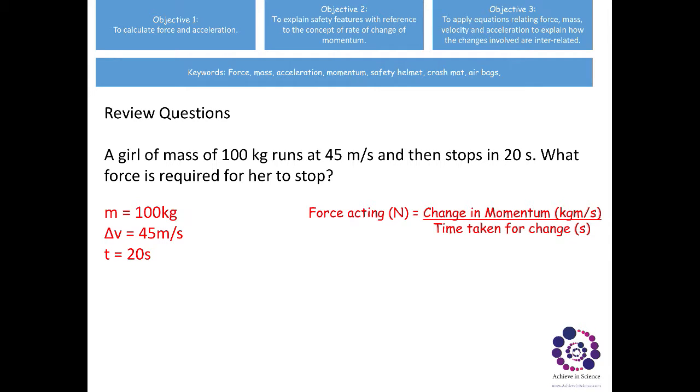Now you can input all the numbers into the equation because the change in momentum is mass times velocity, so that's 100 times 45. Divide that by 20, and then you can calculate the force, which is 225 newtons. Don't forget the units of newtons because that potentially can get you an extra mark.